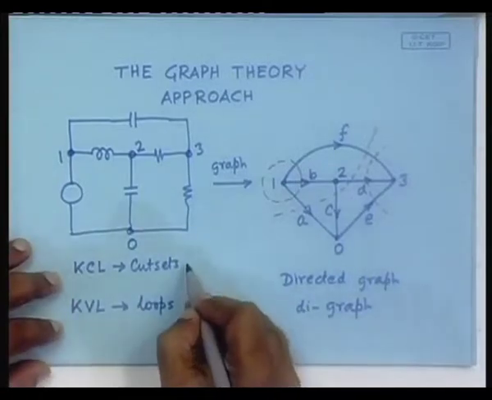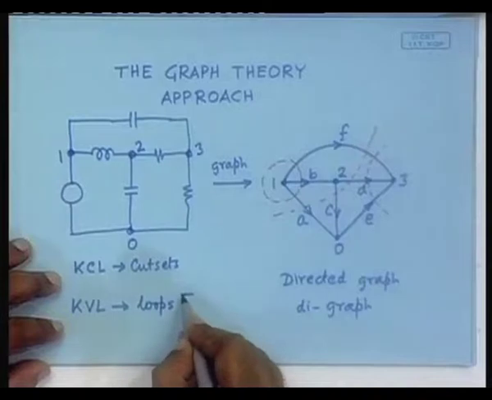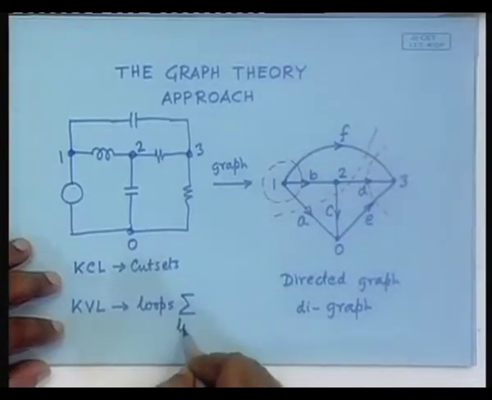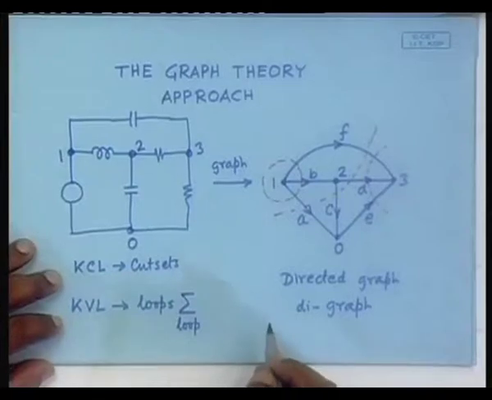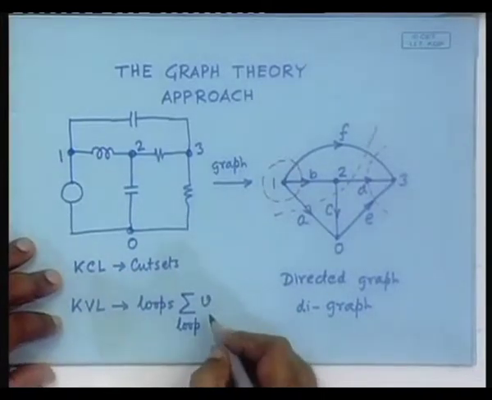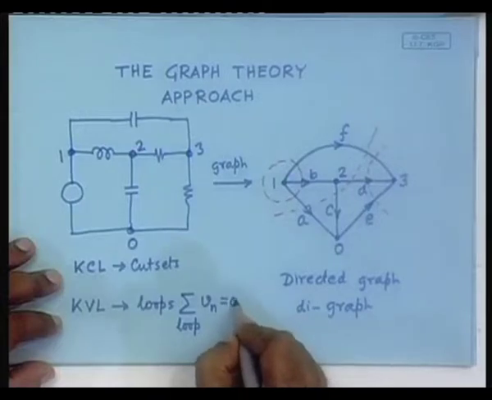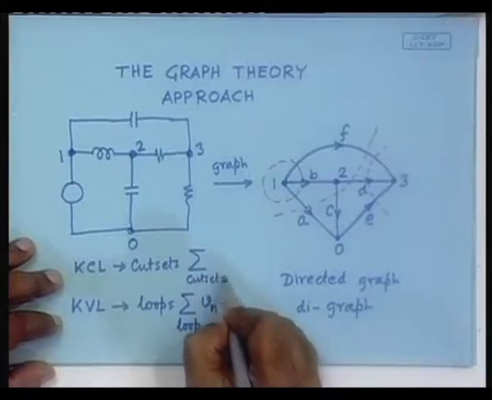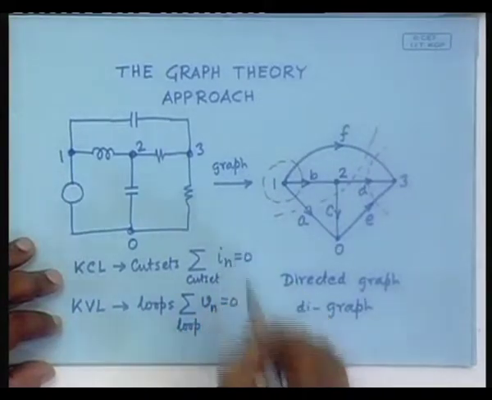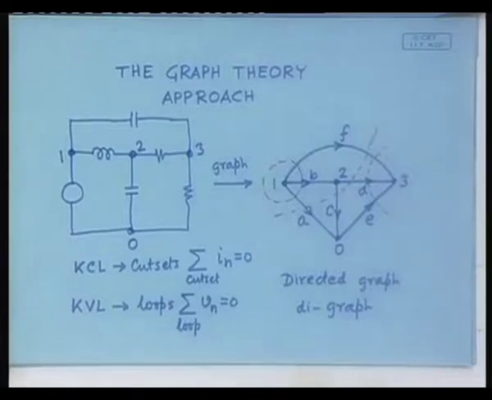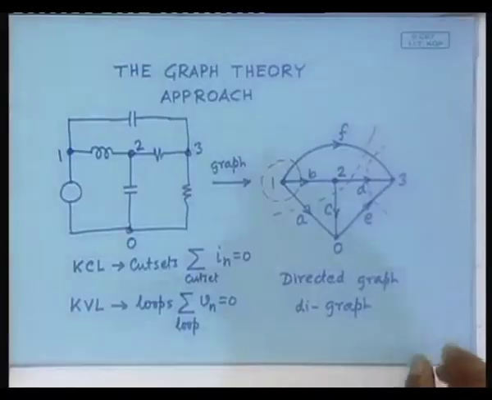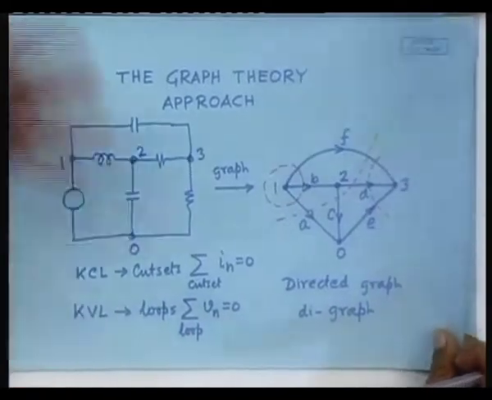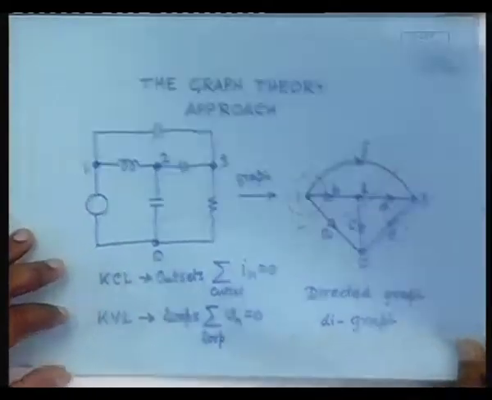So, this says that the sum over loop, Vn equal to 0, and this says sum over cut set, In equal to 0. Okay. Fine. So, we are one step higher than where we were earlier, but now we need to define something more.